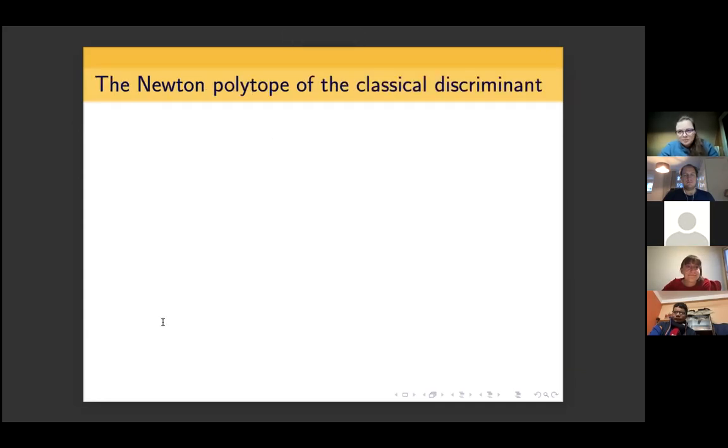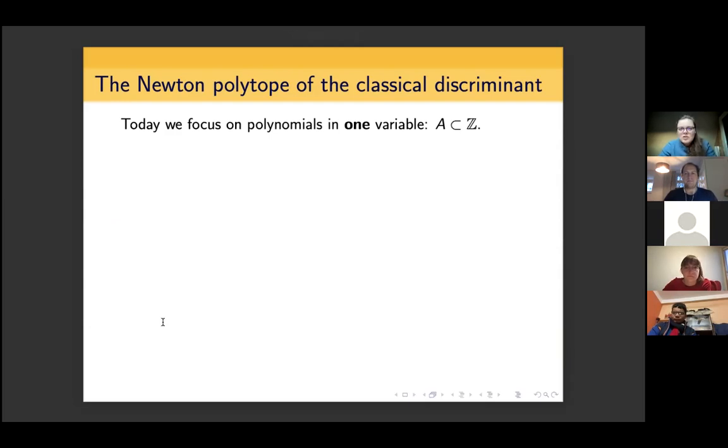As you can guess, instead of trying to compute the discriminant, we can compute its Newton polytope. And it turned out that in the univariate case, you don't feel that difference much. In the multivariate case, you will feel this difference: describing the Newton polytope of the A-discriminant is much more tricky and hard, but is related to describing the Newton polytope of the A-determinant, which turns out to be actually super nice.